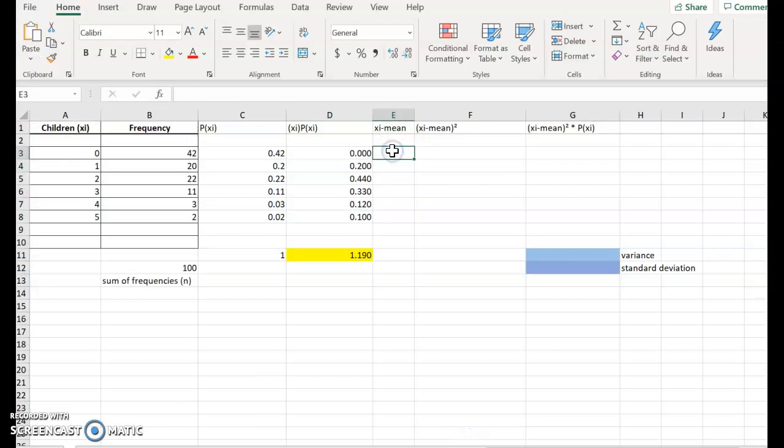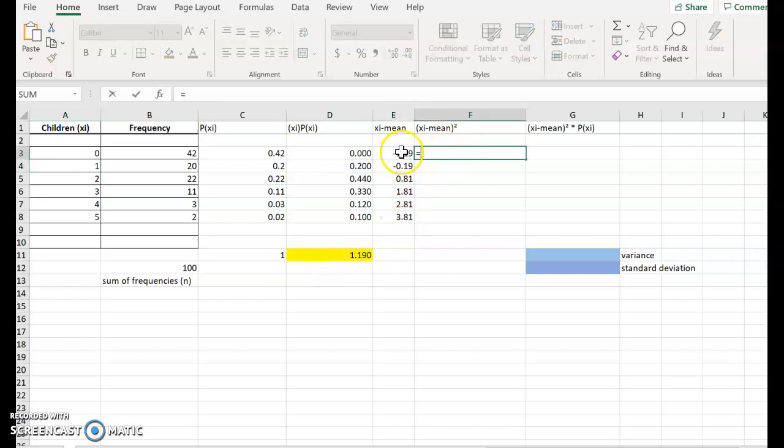We'll take the value of X and subtract the mean, which is 1.190. We're going to do that for each one. All I did was take X and subtract 1.19. Now here we're going to square it, so we take our value here and raise it to the 2nd power.